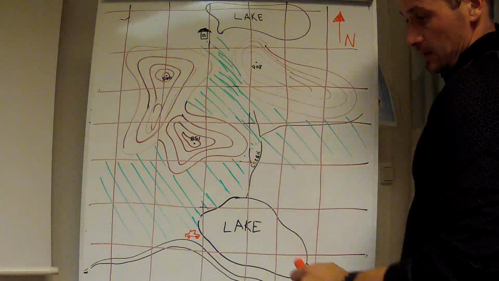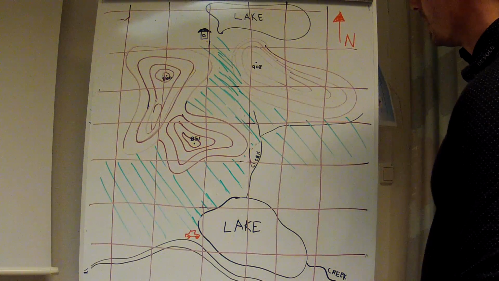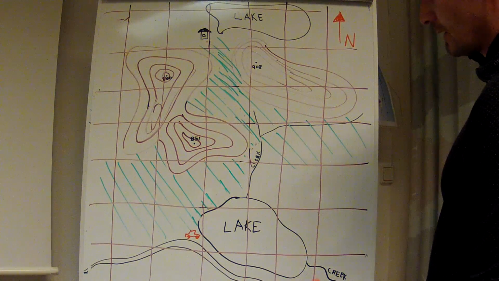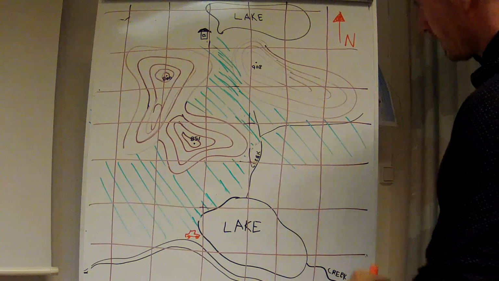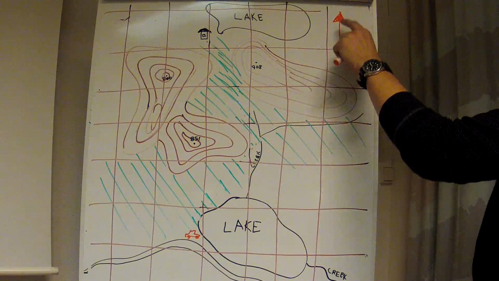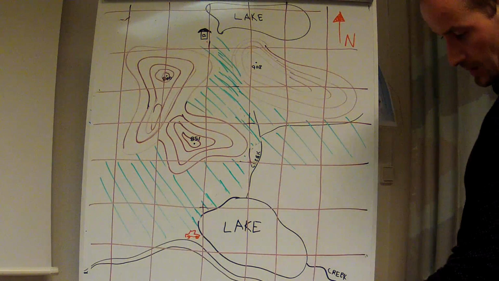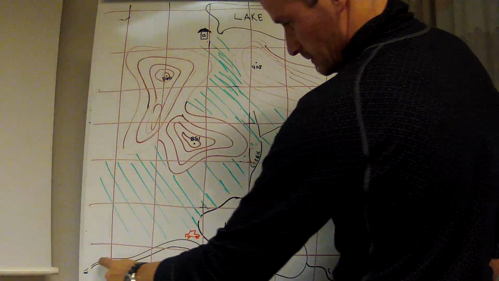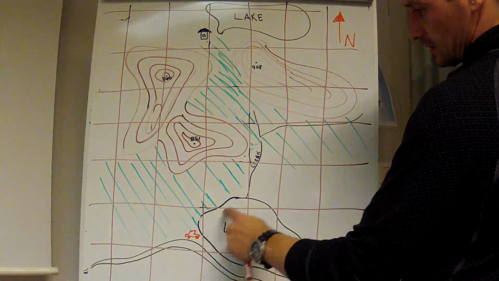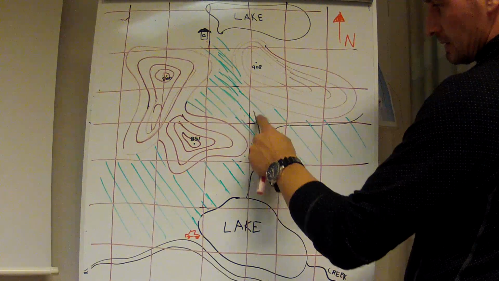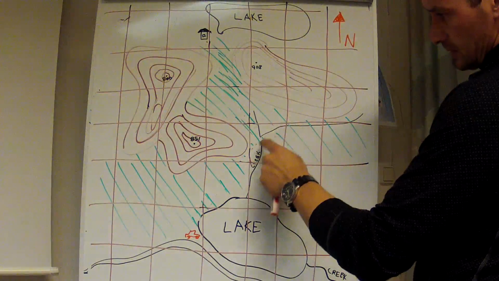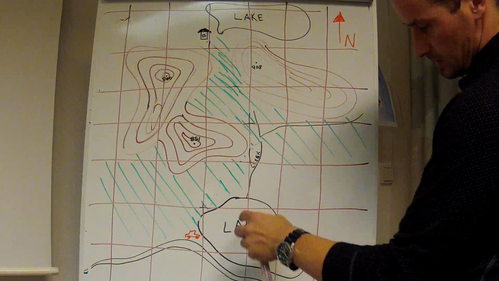Okay, I made a map here on the whiteboard. It's pointing north, always upwards. This is a road. This is a lake, and this black line is a creek. 2 creeks going into one and going into the lake.